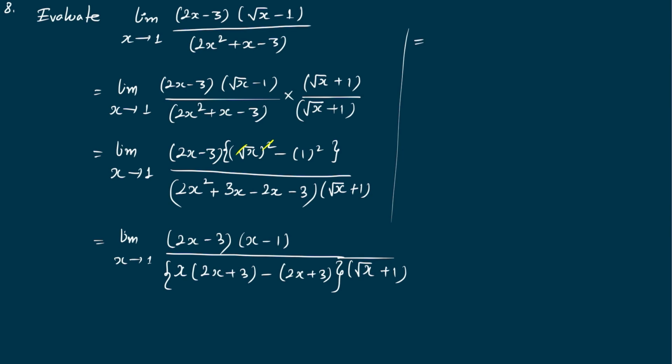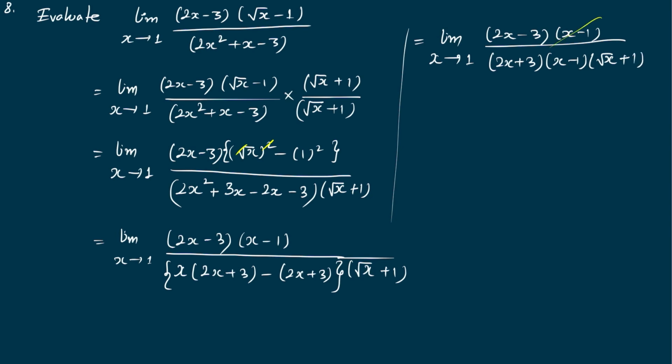So this will be equal to limit x tends to 1 of (2x minus 3)(x minus 1) whole divided by (2x plus 3)(x minus 1) into root x plus 1. So here x minus 1 and x minus 1 cancel out, so we will be remaining simply limit x tends to 1 of (2x minus 3) by (2x plus 3) into root over x plus 1.